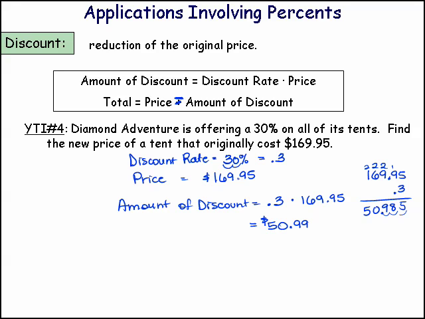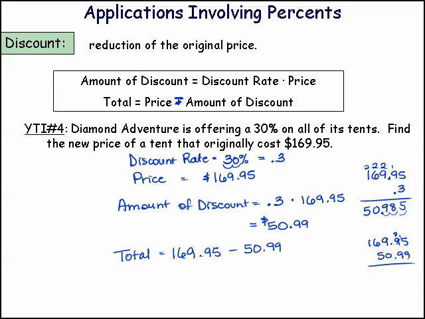That's the discount amount. That's how much is coming off the original price of the item. So to get our total, we need to take the total to be $169.95 and subtract off $50.99. I have a little scratch paper here that I'm working with. So subtract these off.